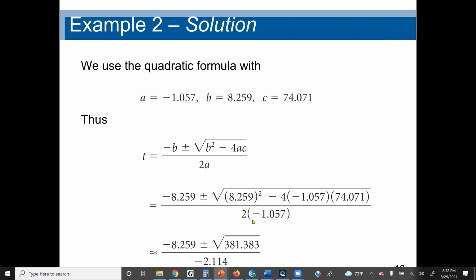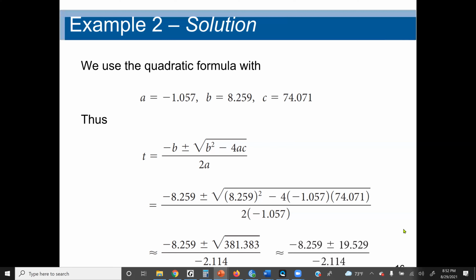We multiply 2 by negative 1.057, we get negative 2.114. After the arithmetic, we find the square root, which is 19.529. That's the square root of 381.383. So our final answer will be negative 8.259 plus 19.529 divided by negative 2.114.